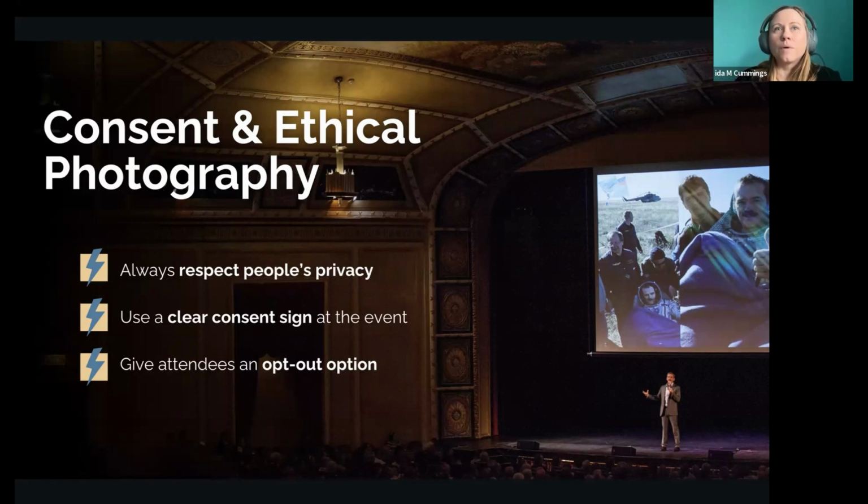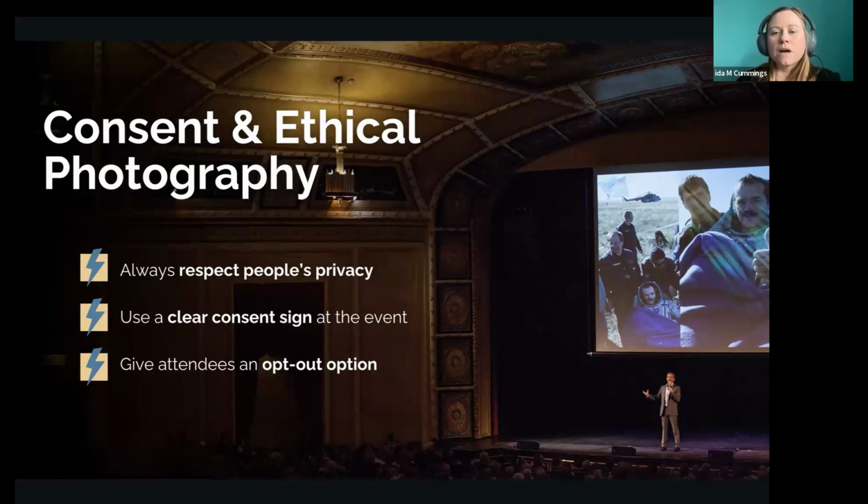So it's really important to have signage at your events that says that you're going to be having photos, whether it's photos or videos. And then it's really nice if you have an option for them to opt out.